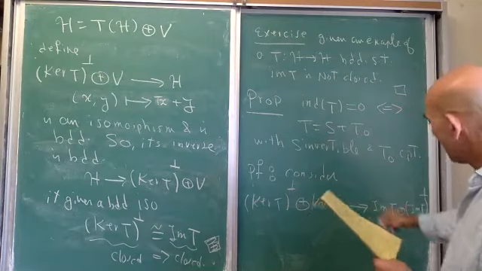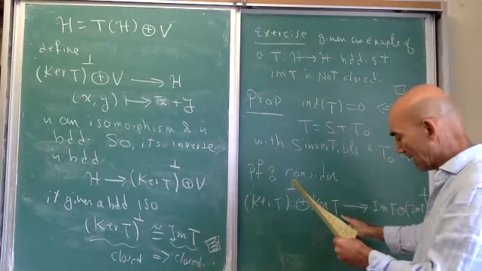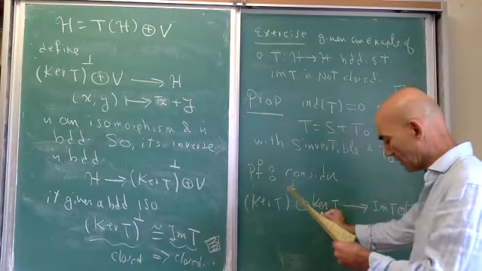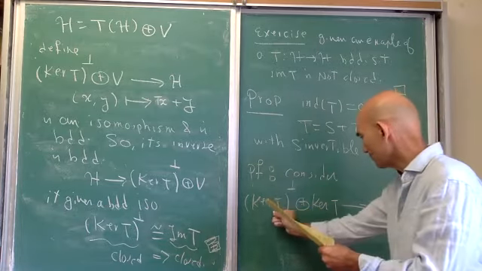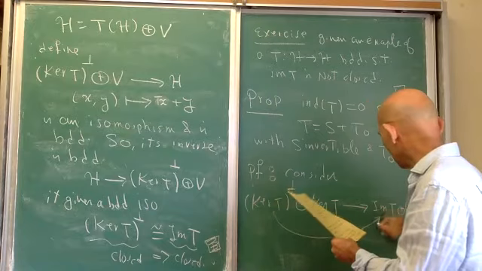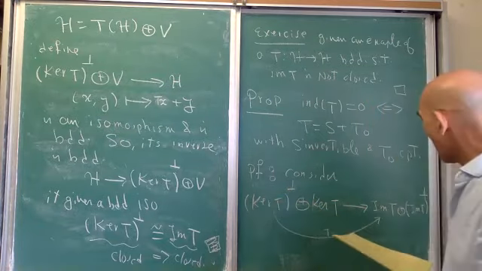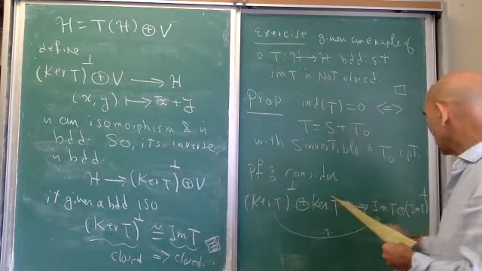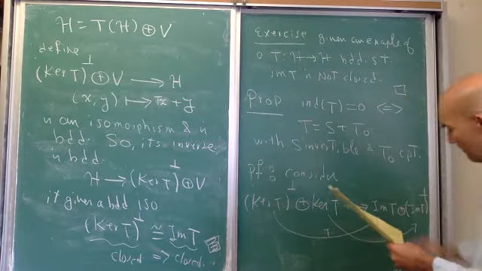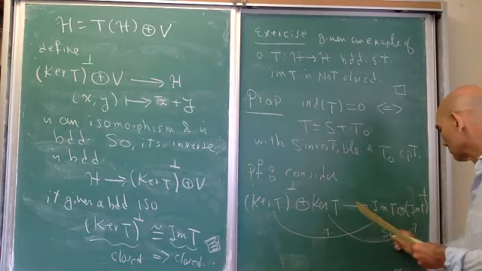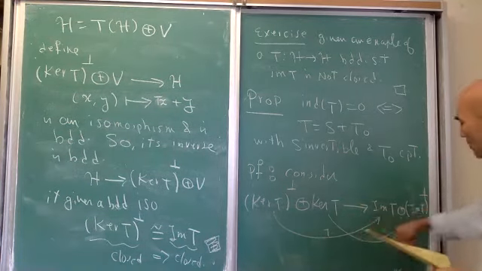So then the map is defined like this. Here, I just go by this operator, just T. And from kernel of T to this, because they have the same dimension, I just fix a linear isomorphism.